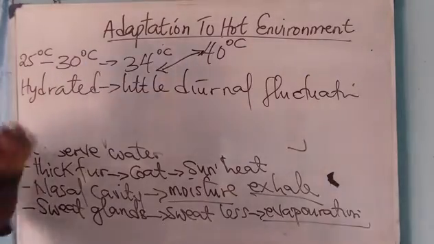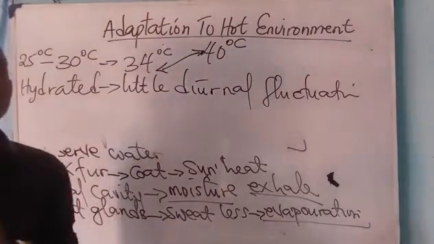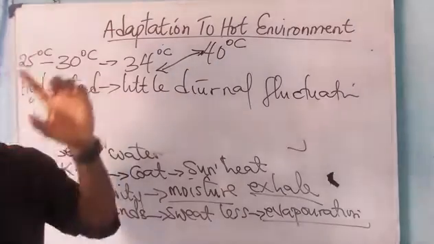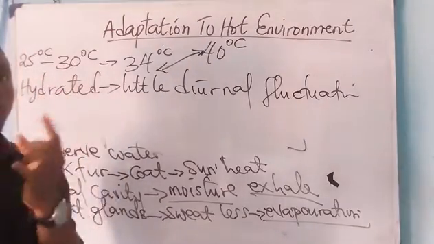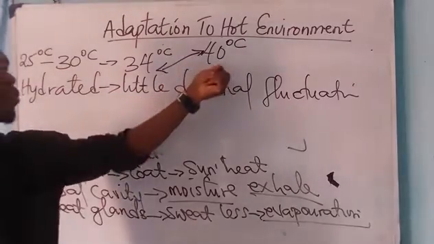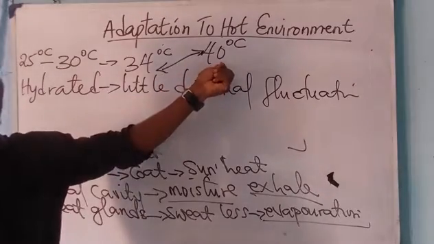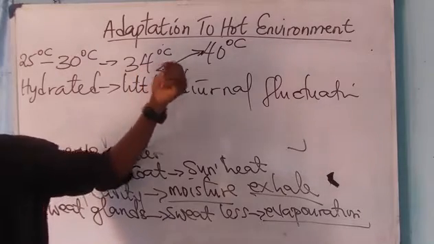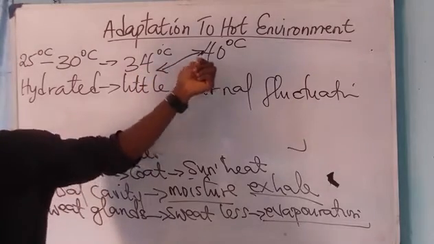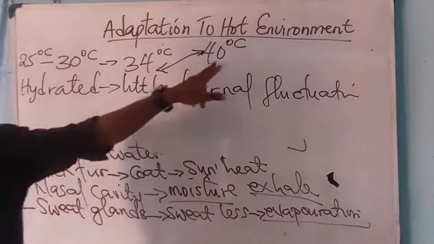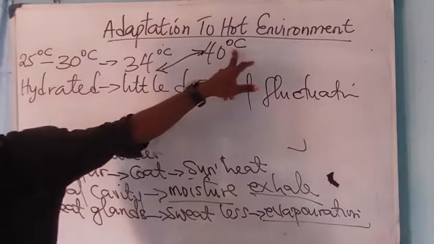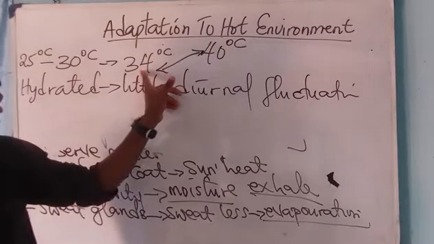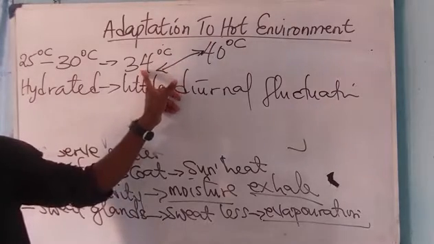Now, a fully dehydrated camel can actually withstand a temperature of the day above 40 degrees Celsius, but at night it drops to what? 34. So a dehydrated camel can withstand diurnal fluctuations with a temperature range of 40 degrees Celsius during the day, dropping to 34 at night.